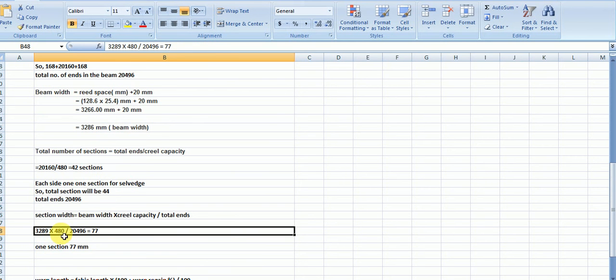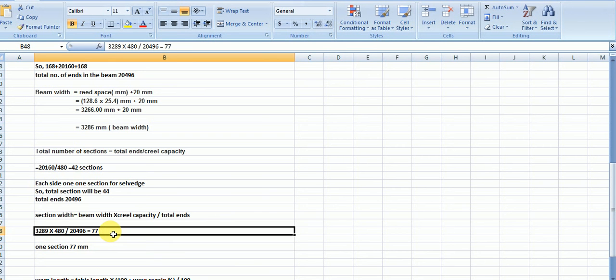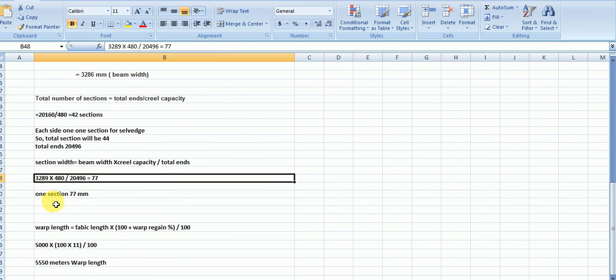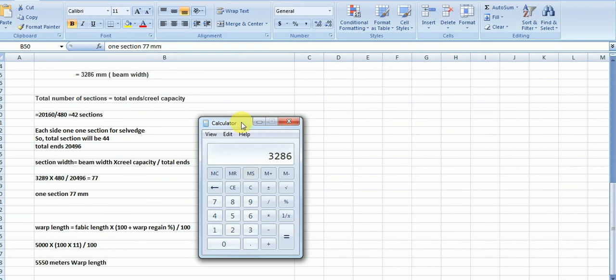Then 480 is the maximum number of cones on the creel. Then divide by 20496, the total number of ends. We get 77 for one section. One section width will be 77. You just calculate and check it out.